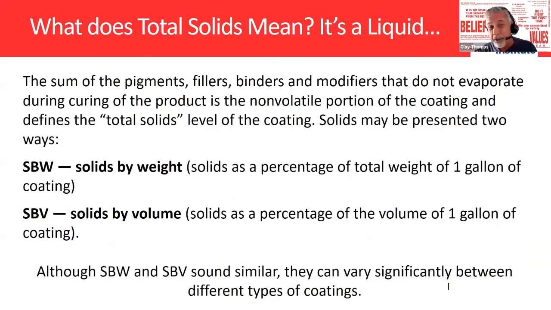I go by volume because that tells me how much of that product is going to be left after it cures. When it cures, all those carriers go away. That volatile stuff we talked about goes away, whether by evaporation or moisture cure, however that product cures, that part of the product goes away. What you're left with is all the solid stuff at the end of the day when it dries, when it cures. So you have solids by weight, solids by volume.